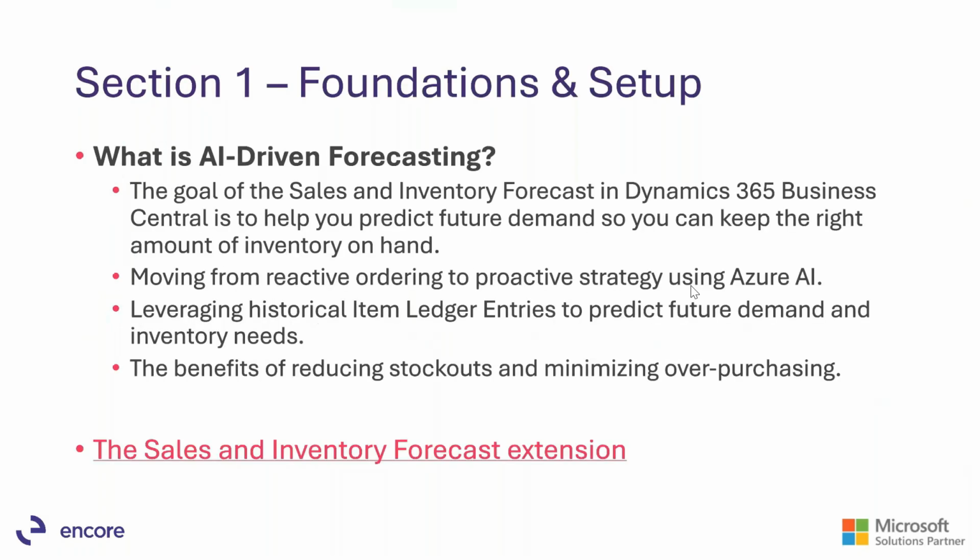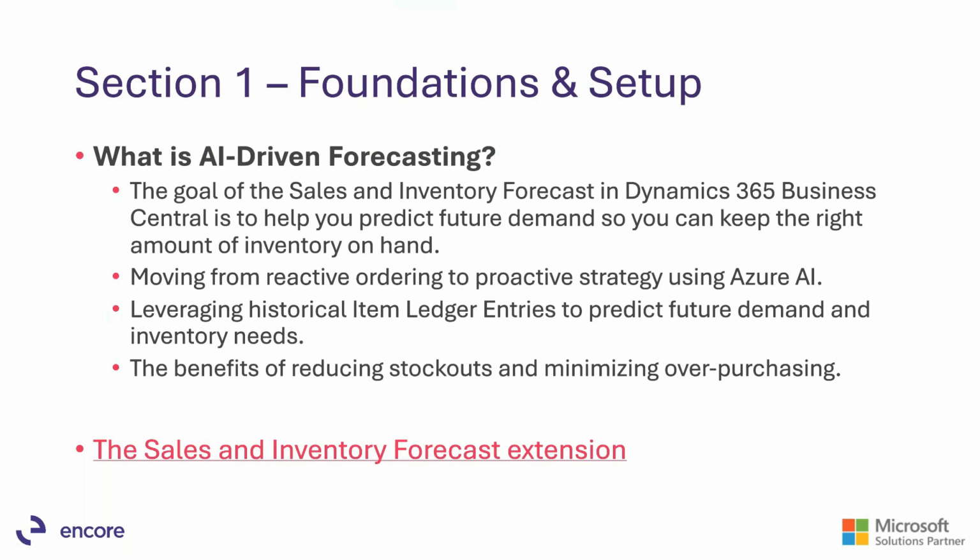All right. So before we get into the demo, let's talk about what AI-driven forecasting means in Business Central. At a very simple level, the goal of the sales and inventory forecast as a feature is to help us predict future demand so we can keep the right amount of inventory on hand, not too much, not too little.